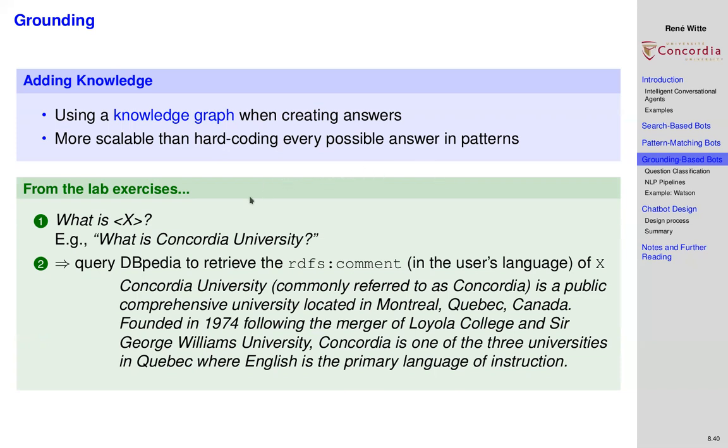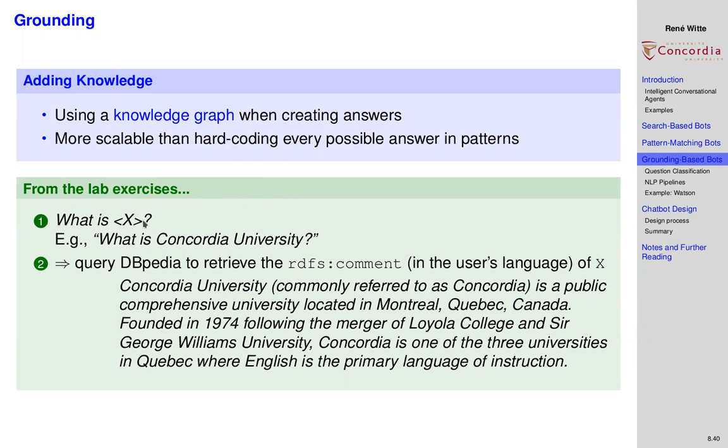And the new thing that you need now is to be able to translate a natural language question into a query that retrieves the answer from the knowledge graph. A very simple way of implementing this we have done in a lab exercise, right? So you could have a question like, what is X? Where you recognize this kind of question with a pattern.